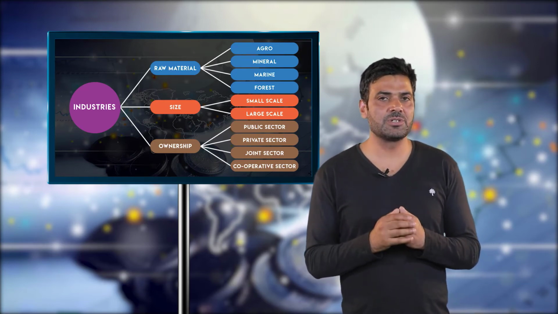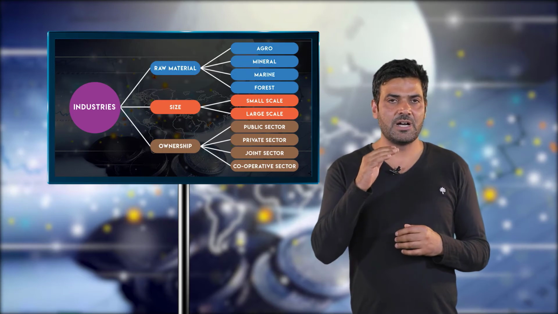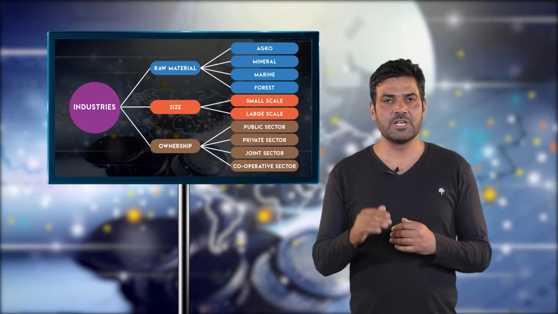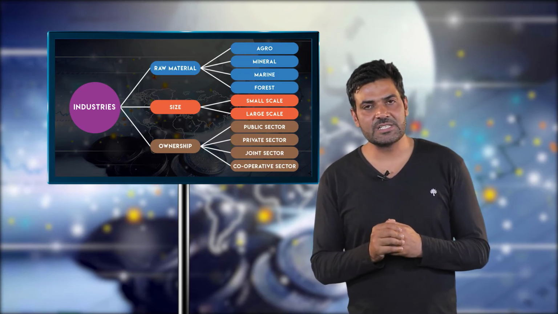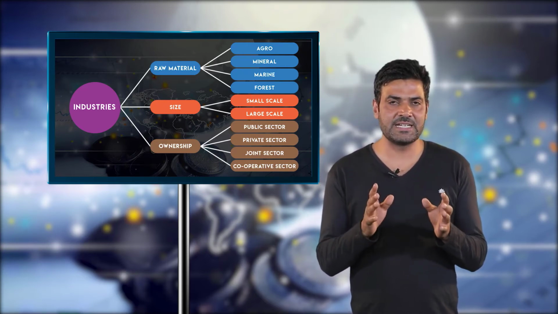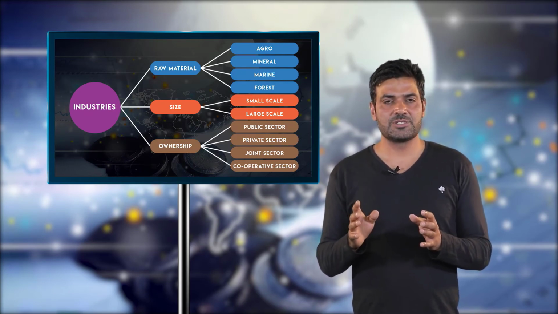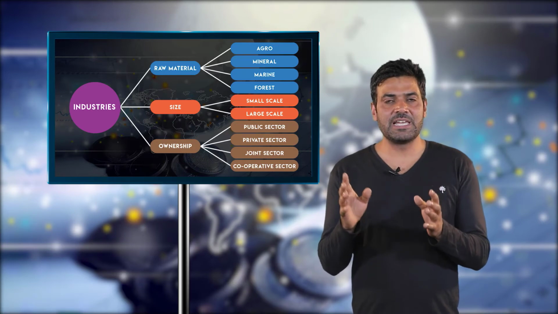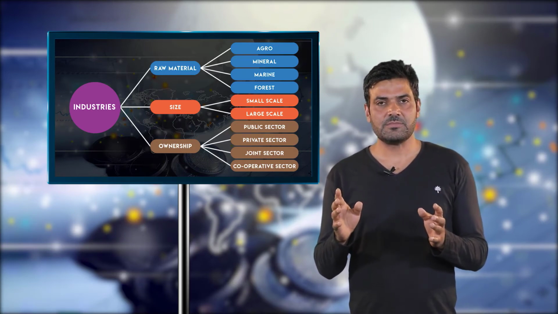Coming to the third type of industry based on the ownership, that is the joint sector industries. Joint sector industries are those industries that are jointly owned by the state and the individuals or group of individuals. We have an example like Maruti Udyog, that is one of the joint sector industries.